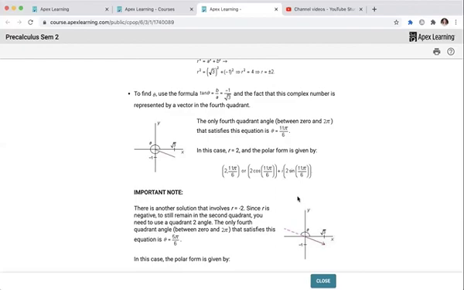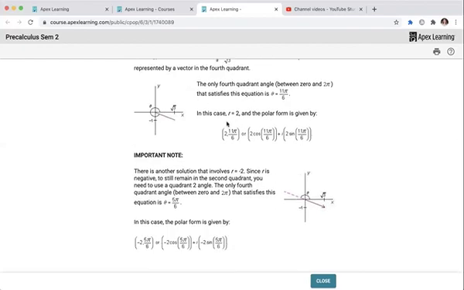So in polar form, it could be either in our coordinate form or our trigonometric form. All right, so both of those answers are correct here. And again, they are noticing here that another solution involves negative 2, right? So if you're involving the negative 2, you have to be in the opposite quadrant that we were originally in.